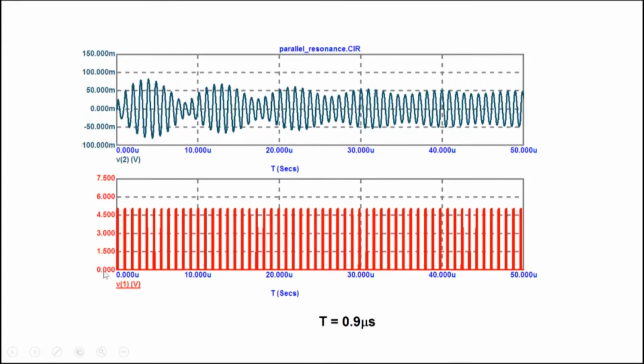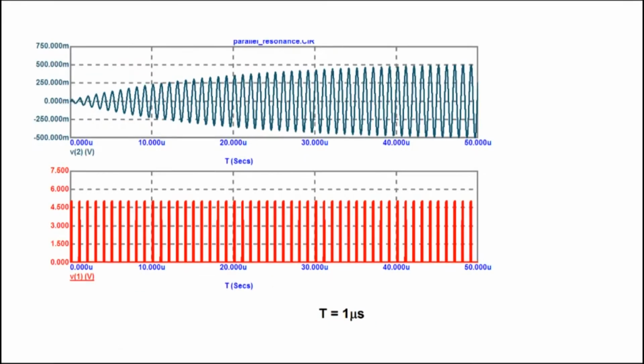Now, if I match the frequency of this input, the rate at which I'm applying my input, to the natural frequency of the system, note what happens. The magnitude now reaches 500 millivolt, about 10 times higher.